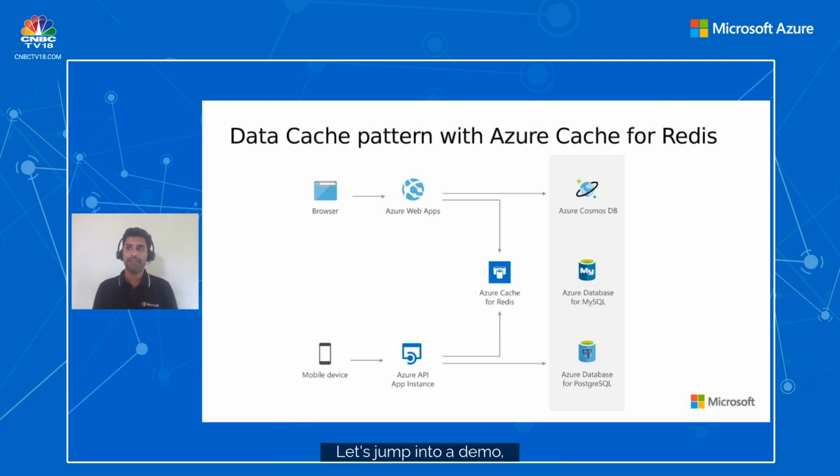Let's jump into a demo, ideally two demos, to showcase what exactly you can achieve by leveraging Redis. The first demo is how to use Redis as a session store. Let's jump into the demo and see how you can leverage Redis as a session cache.